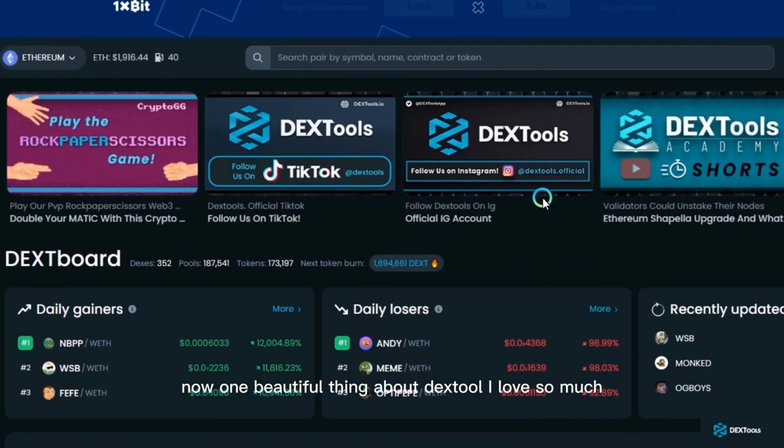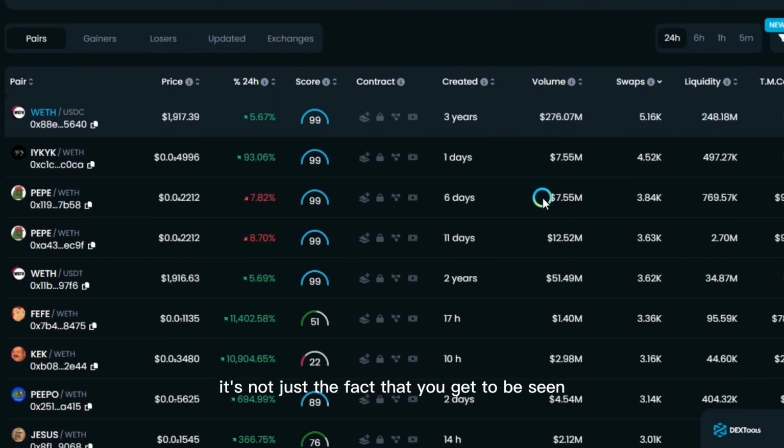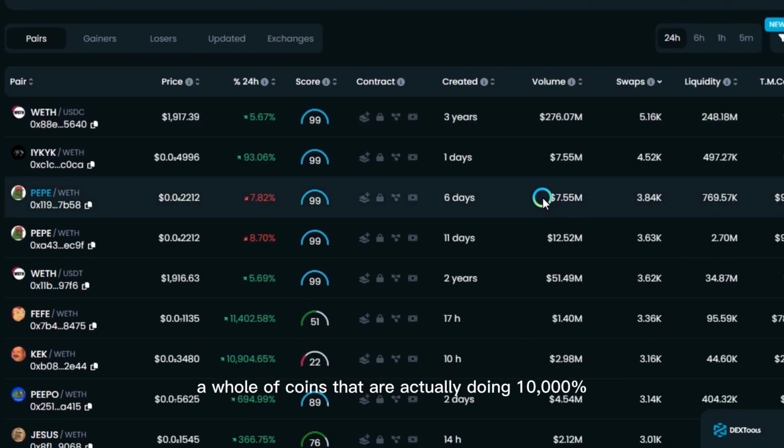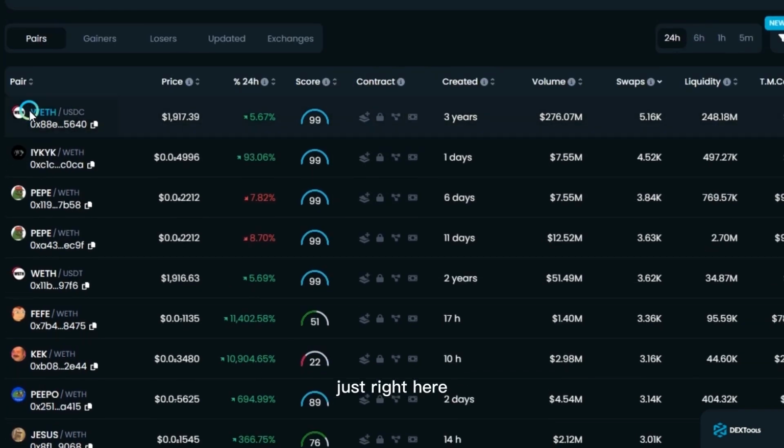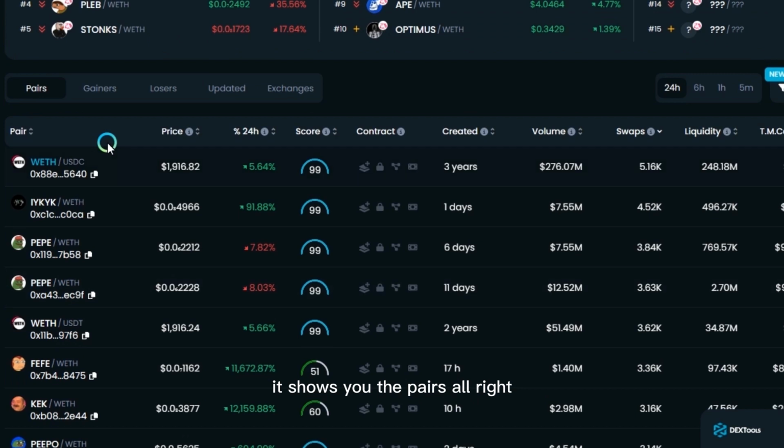One beautiful thing about Dextools that I love so much is not just the fact that you're going to be seeing a whole lot of coins that are doing 10,000%, 100,000%, and the likes. They give you some information that you can work with. For instance, right here where you have pairs, it shows you the prices, the 24 hour percent increase or decrease, and the price change.